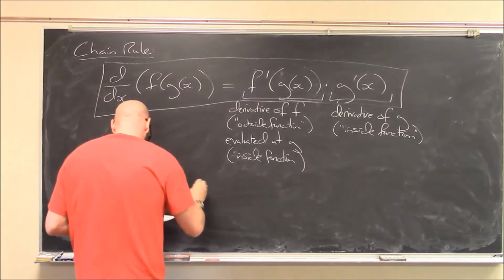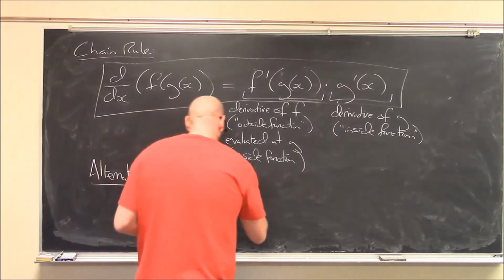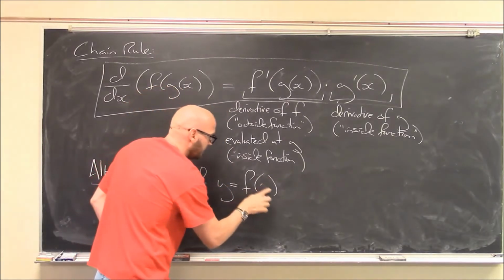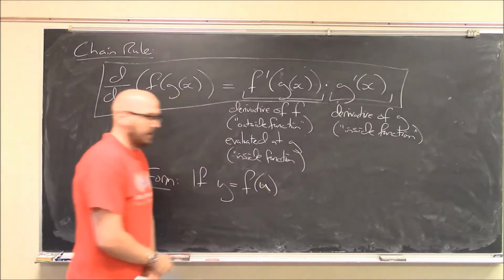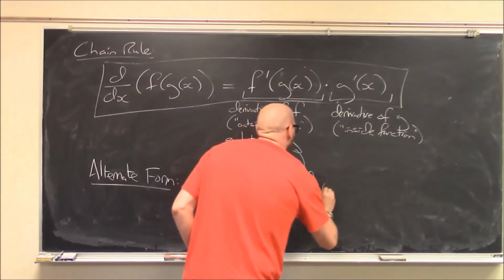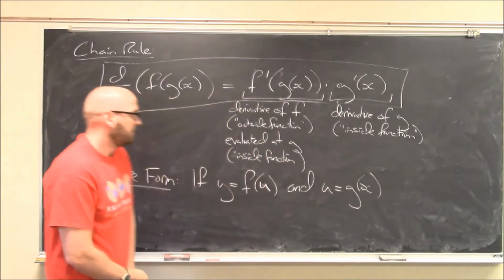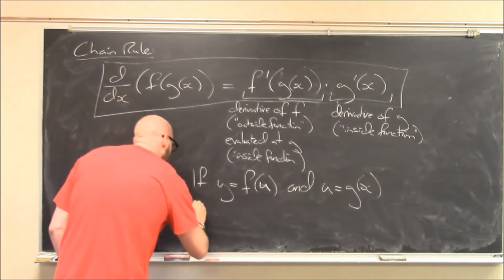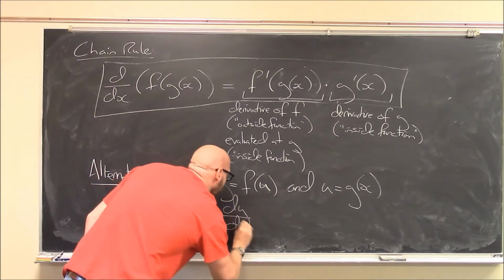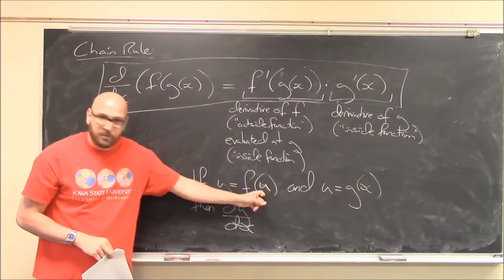So I'll just say this. I'll say if y is f of some variable u, not a good looking u. So if y is some function of u, and u is in turn some function of x, so u is g of x, then dy/dx, the derivative of y with respect to x, would actually be kind of hard to find at this point, right?